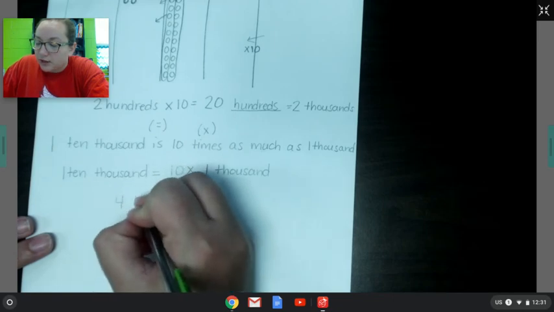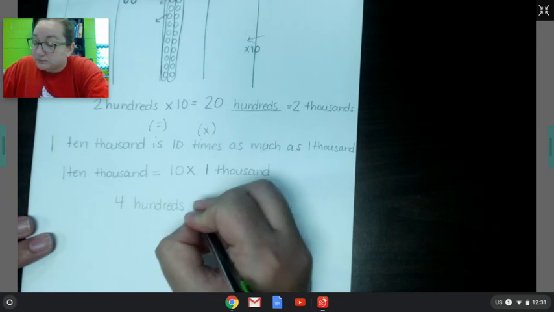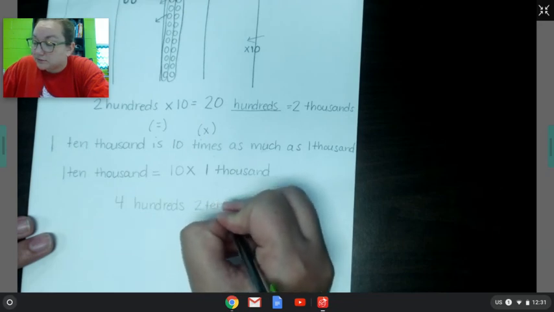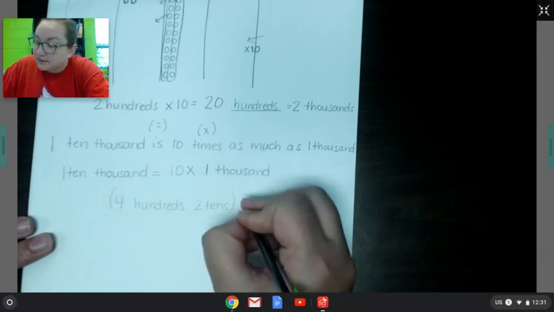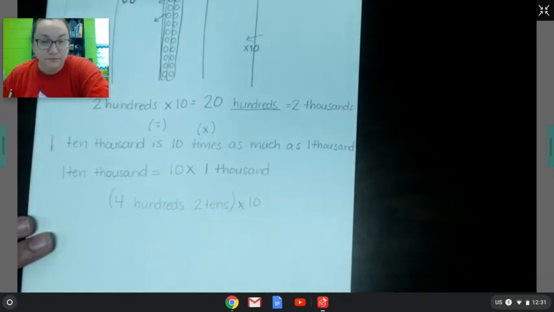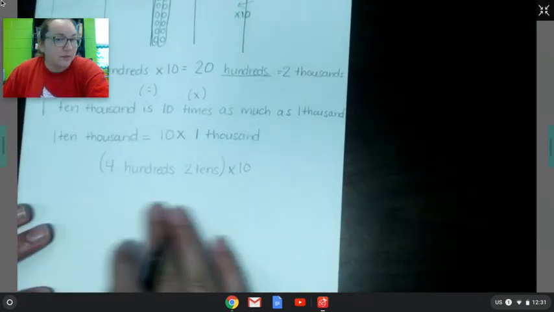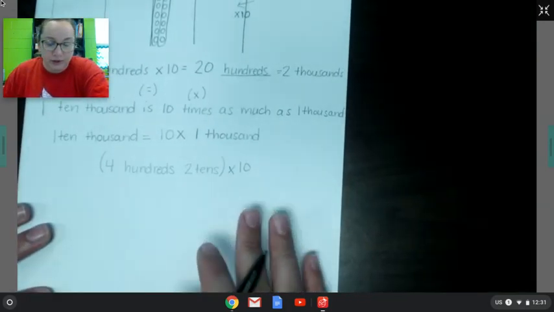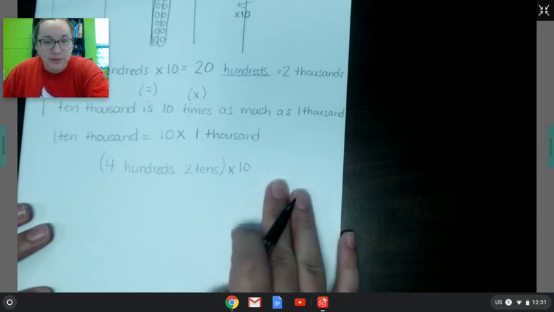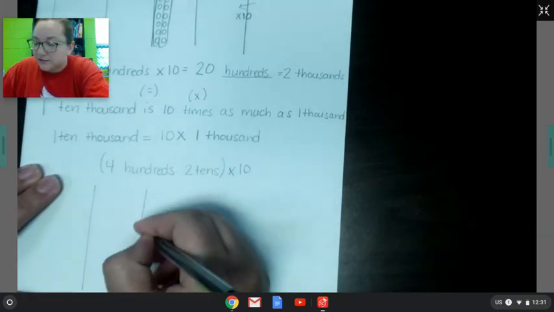So 4 hundreds, 2 tens times 10. Okay. Anytime you get a problem that looks like this, the place value chart is always going to help you. So when you get a problem that looks like this, I would pause it and I would first draw my place value chart out.